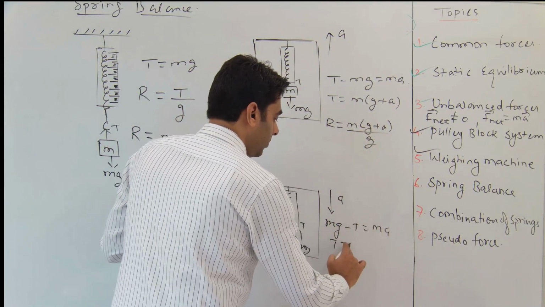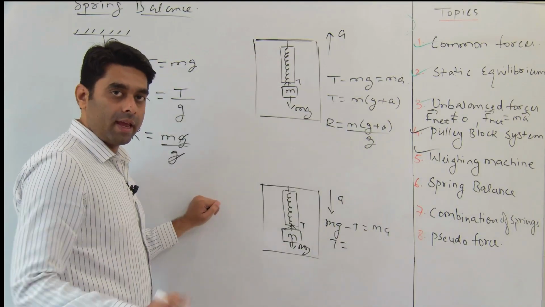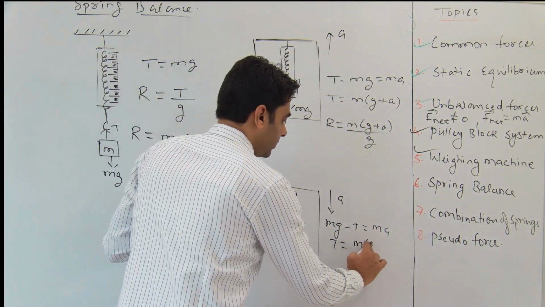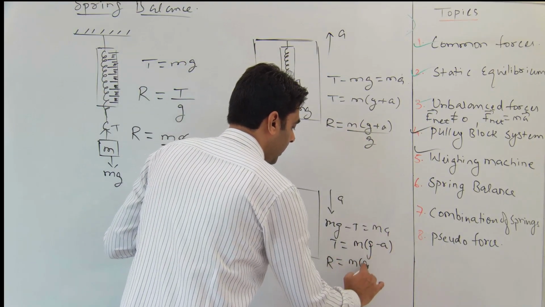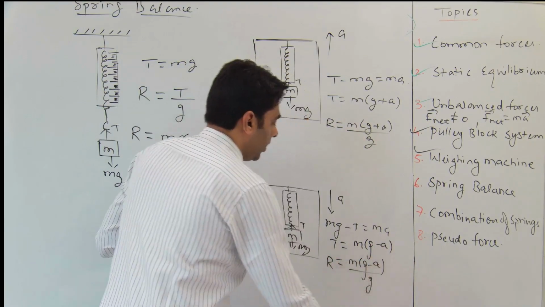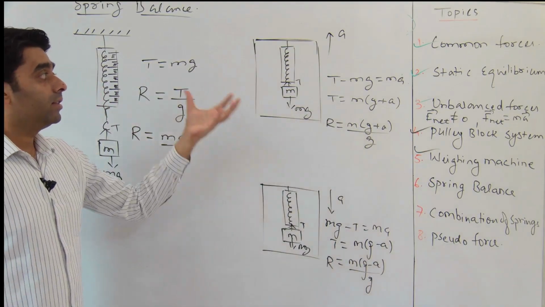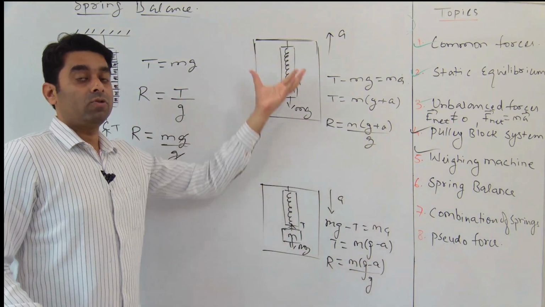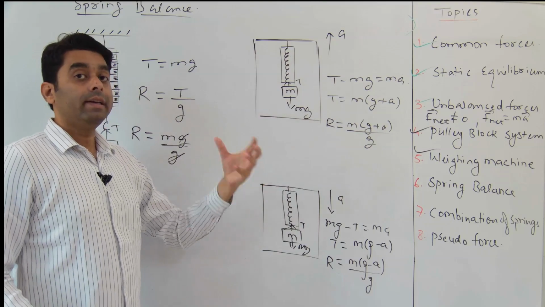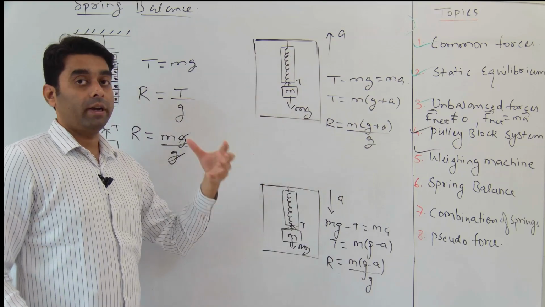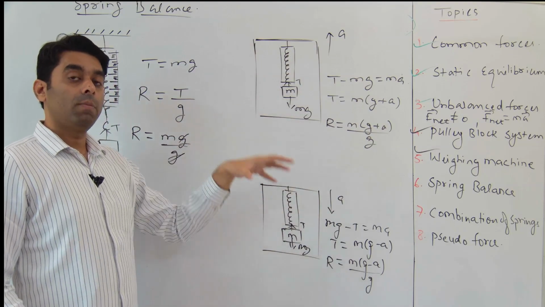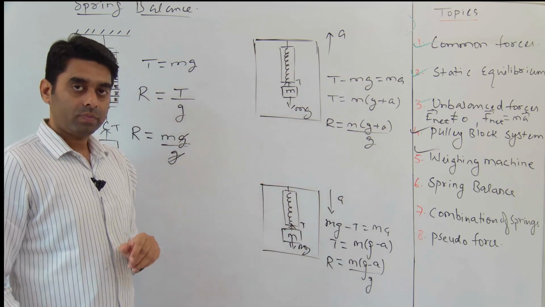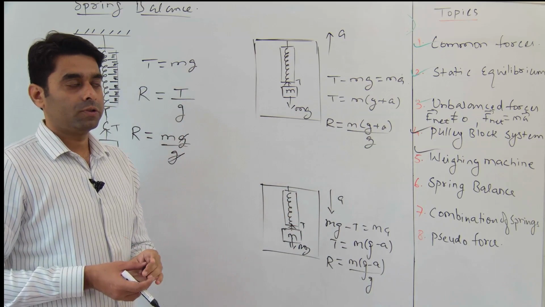So T comes out to mg minus ma, which is m of g minus A. So the reading comes out m of g minus A by g. As you can see, when the elevator is going up with acceleration, the reading is more, meaning the block appears heavier, whereas when it is going down with some acceleration, the block appears lighter. So this is all about your spring balance.